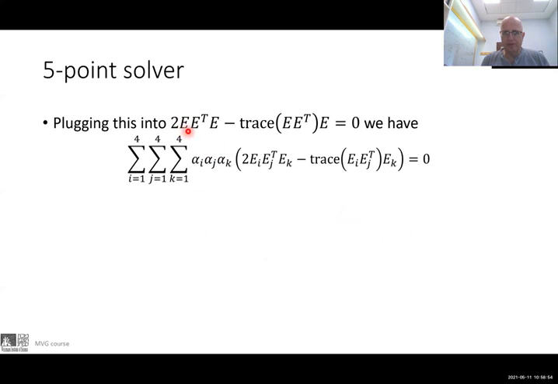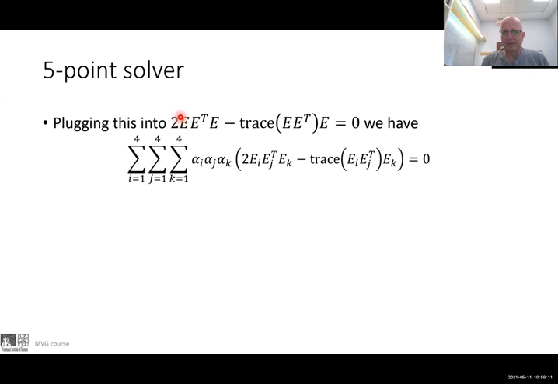Okay. So every E here you replace by alpha 1 E1 plus alpha 2 E2 plus alpha 3 E3 plus alpha 4 E4. Now you have three terms like this and you multiply them.